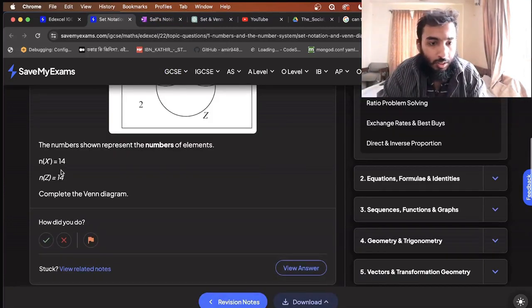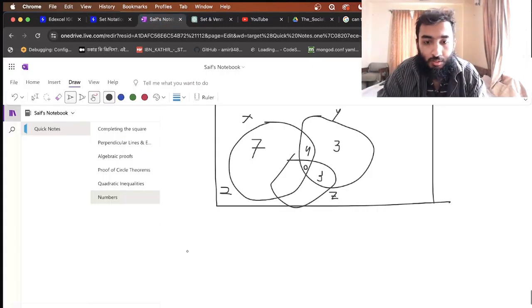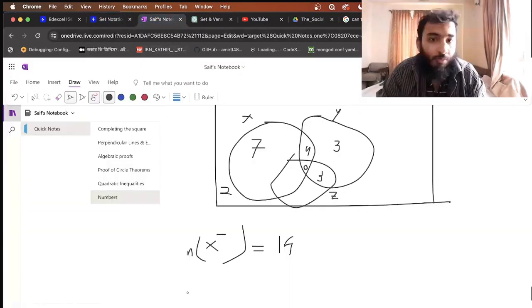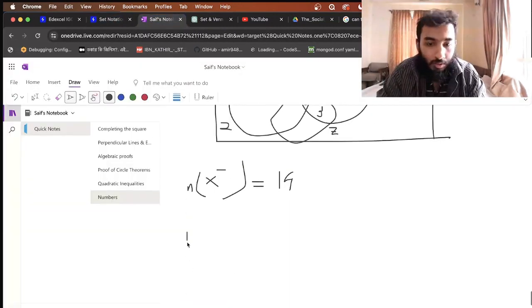So the number of x prime is 14, and the number of elements in z is 14.